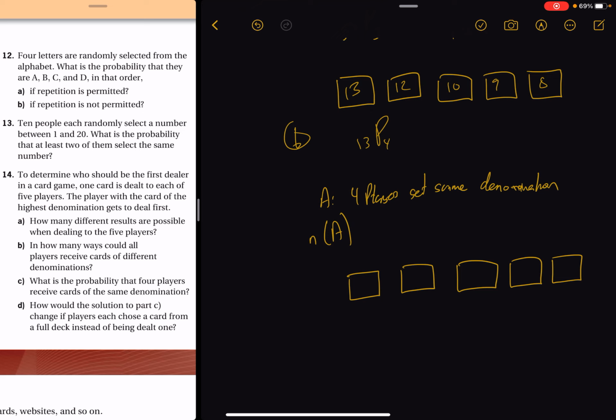Okay, so the way I would do it is I would say I have my 4 players, and they all get the same denomination. So I would say there's 4 to choose from, then 3, then 2 cards to choose from, then 1. And then after that, you have 48 cards to choose from.